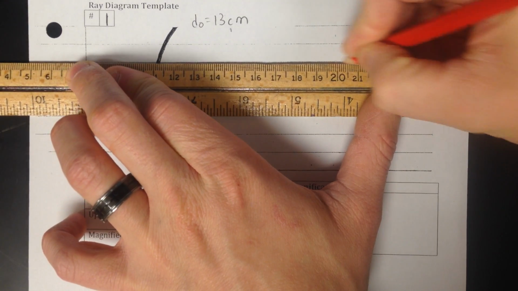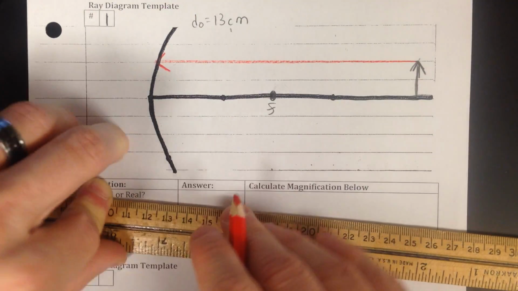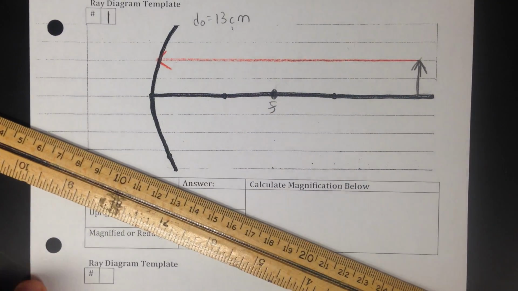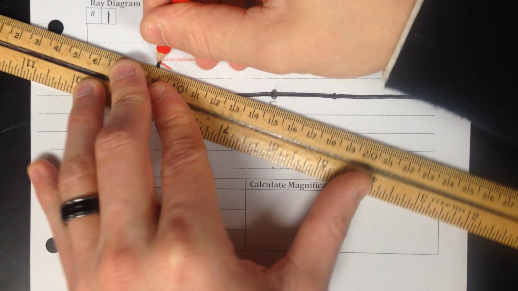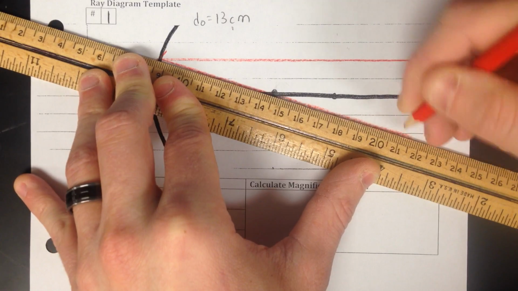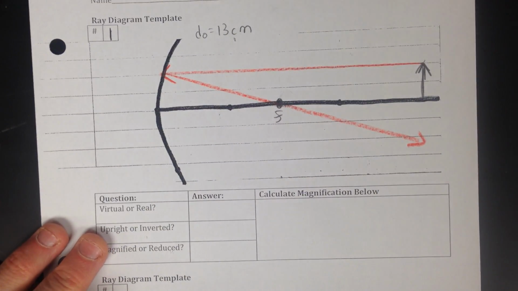And that will be the first ray we always draw, going horizontally into the mirror. Do it with a colored pencil of your choice. And where does that ray reflect? It reflects straight through the focal point. That's our first rule, if you remember. All horizontal rays of light reflect through the focal point.